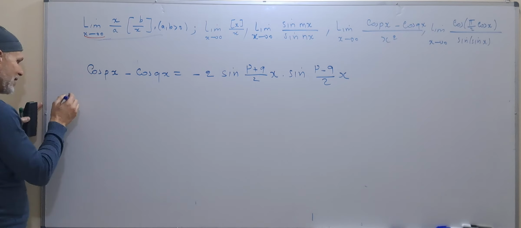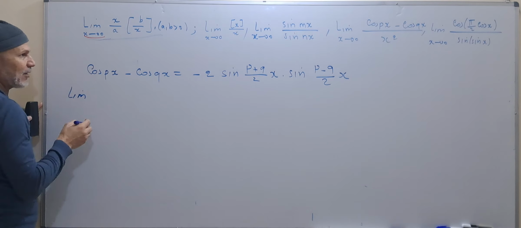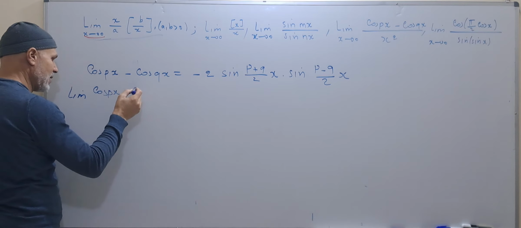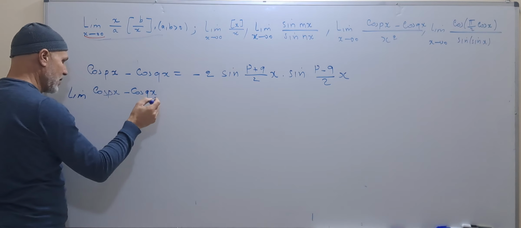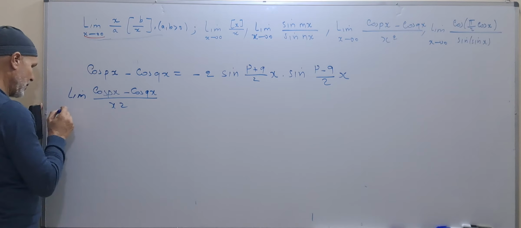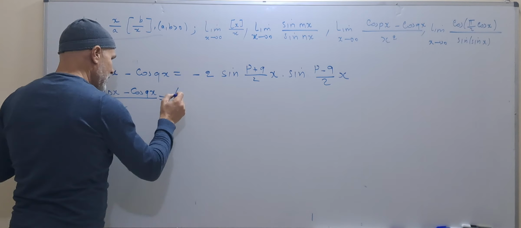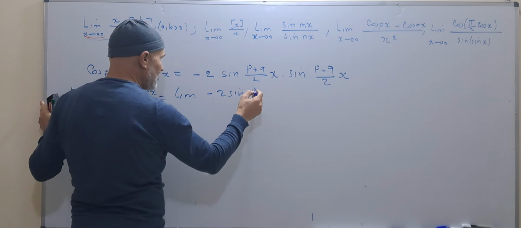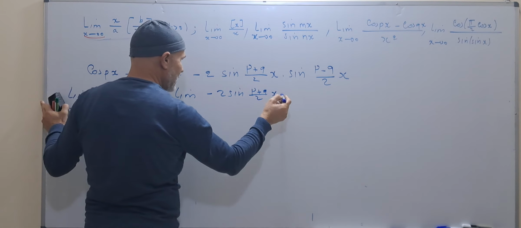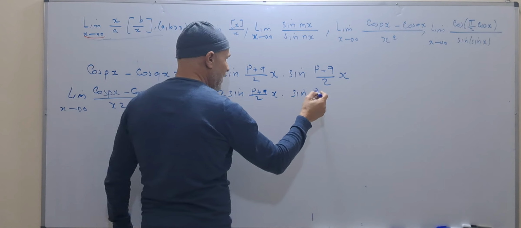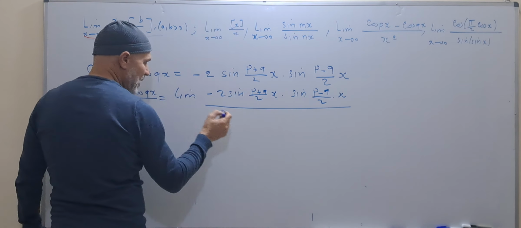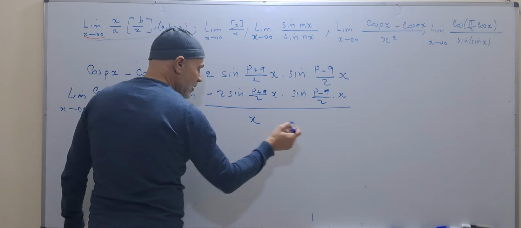For this limit, we have the limit of cosine px minus cosine qx over x squared when x goes to 0. This is the limit of minus 2 sine (p plus q) over 2 x times sine (p minus q) over 2 x, divided by x squared.